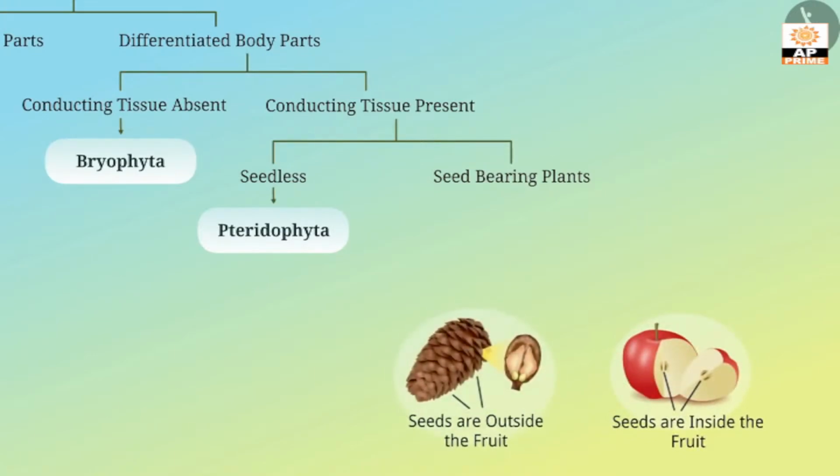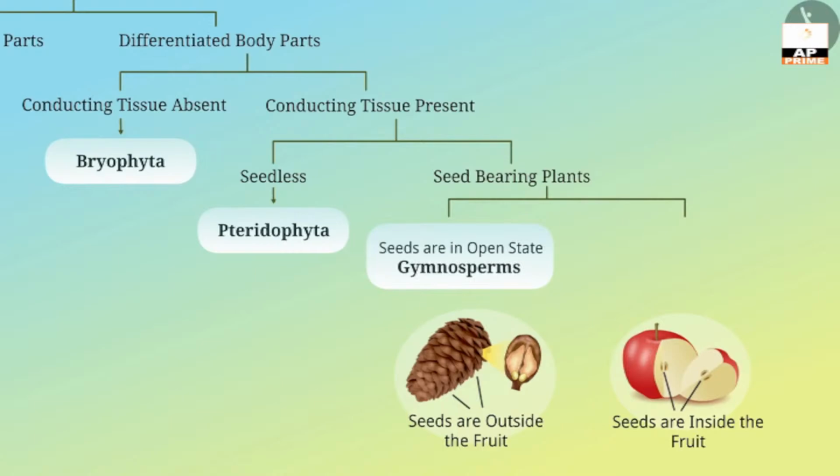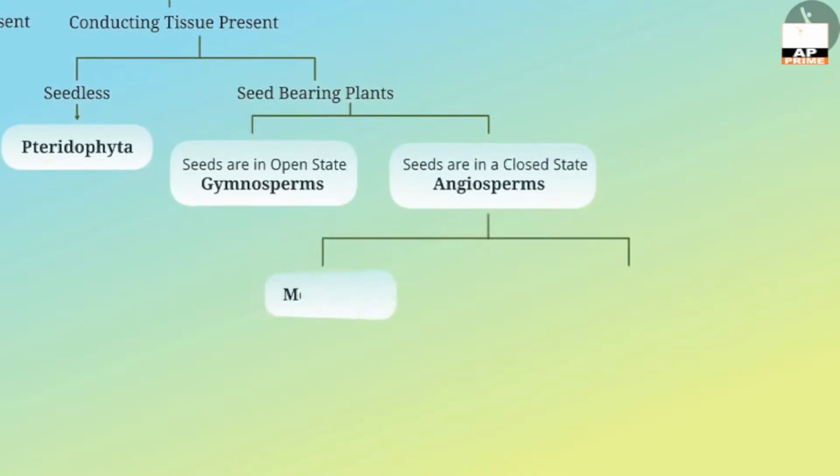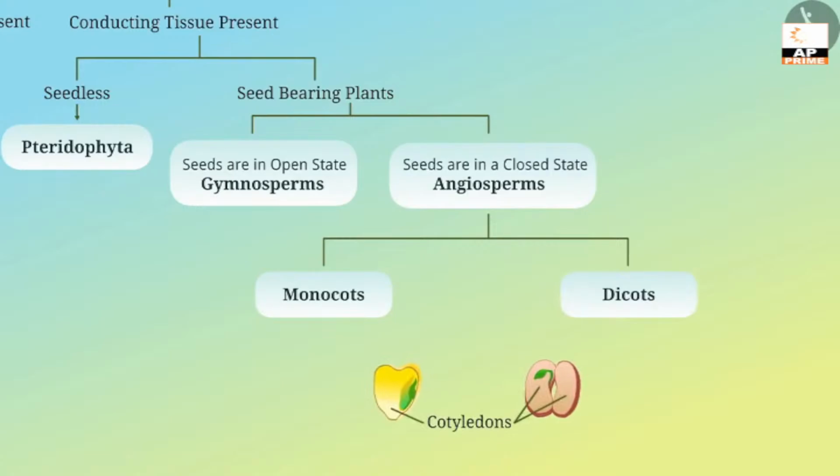Plants whose seeds grow outside of the fruit, that is, if seeds are in open state, are called gymnosperms. And those plants whose seeds grow inside the fruit, that is, the seeds are in closed state, are called angiosperms. Angiosperms can be classified into monocots and dicots based on the number of cotyledons.